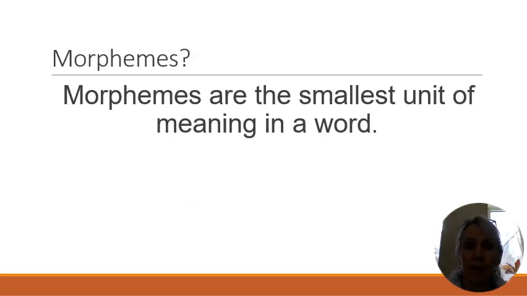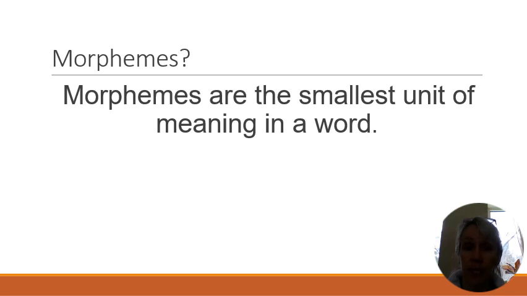So when we're talking about the meaning of words, what each word may mean as far as their definition goes, we are going to be introduced to another word, morphemes. Morphemes are the basic units, or the smallest unit of meaning in a word.